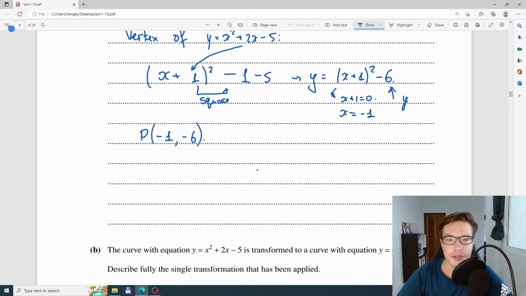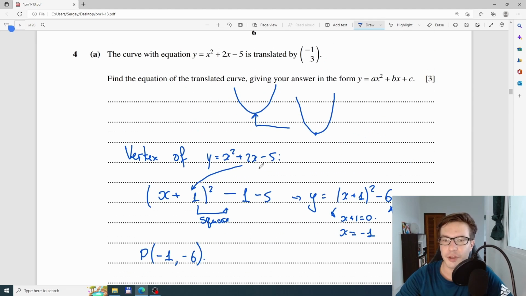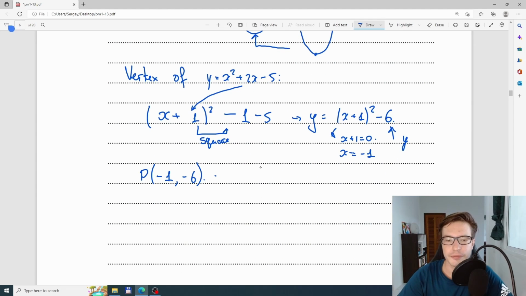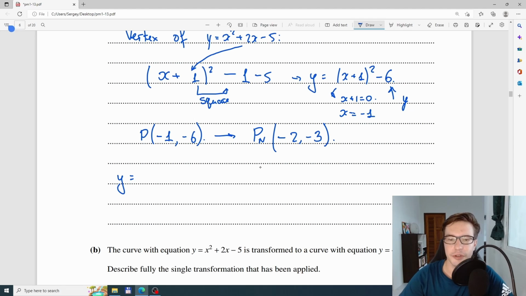Okay, what happens is that we have a vector (minus 1, 3), so the new vertex, Pn for the new one, is going to be (minus 2, minus 3). Okay, and now I can write the equation of the quadratic function using the vertex.